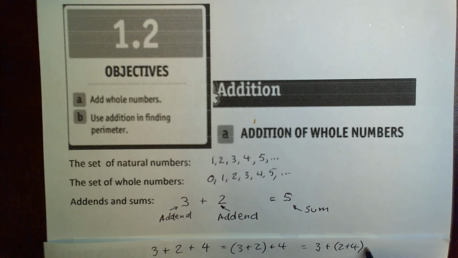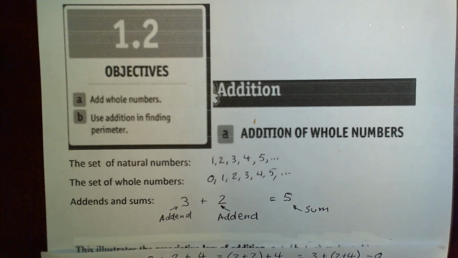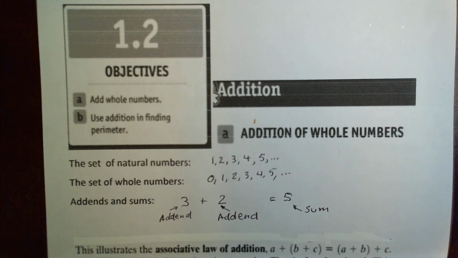Either way, the answer is 9. So this illustrates the associative law of addition: (A plus B) plus C is the same as A plus (B plus C). In other words, the order in which we add these numbers is irrelevant.